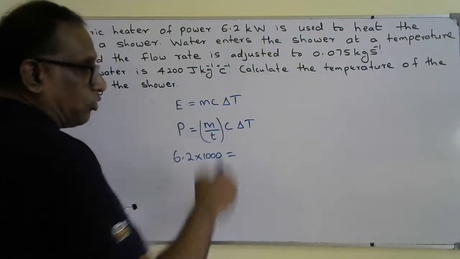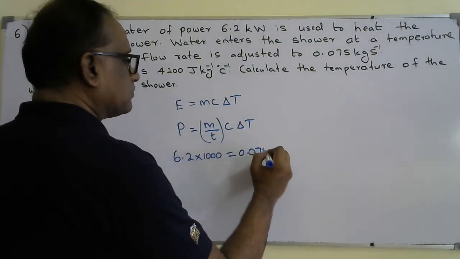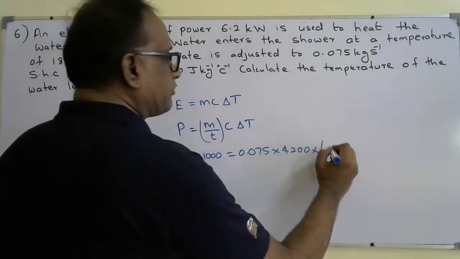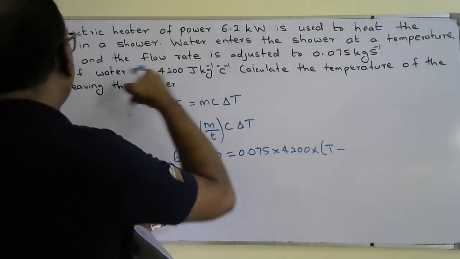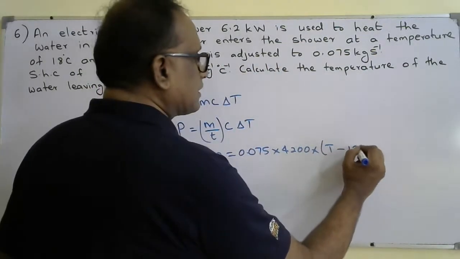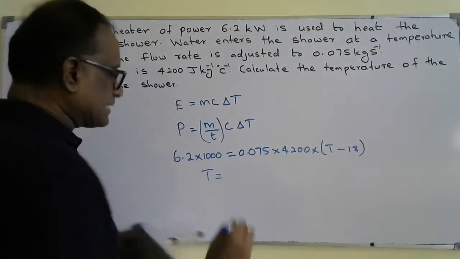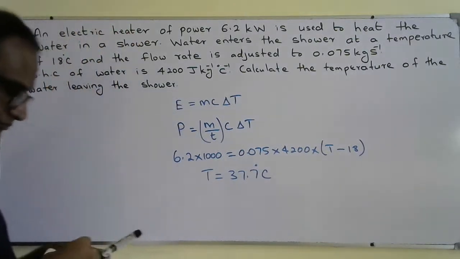Here m over t is the rate of flow of mass, 0.075, times 4200, the specific heat capacity, times delta T. We need to find the final temperature. It enters at a temperature of 18 degrees Celsius. Solve it, find T, and you will get 37.7 degrees Celsius.